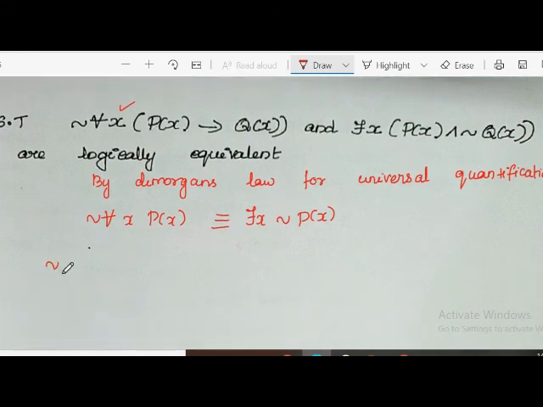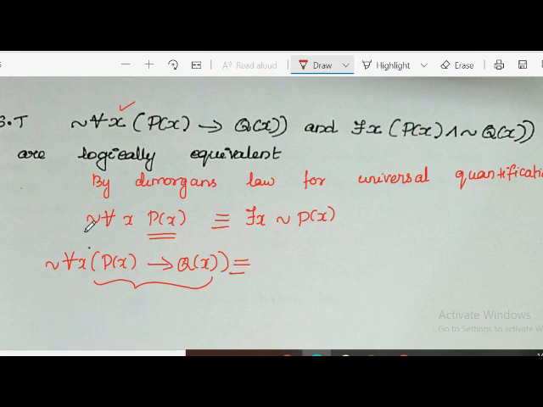Let us write first negation for all x, p of x implies q of x. So the negation for all x, instead of p of x we have here p of x implies q of x. On applying this statement here, I can write it as there exists x negation of p of x implies q of x.